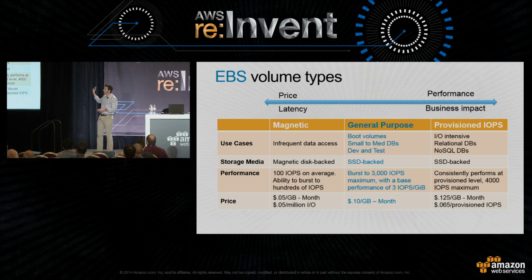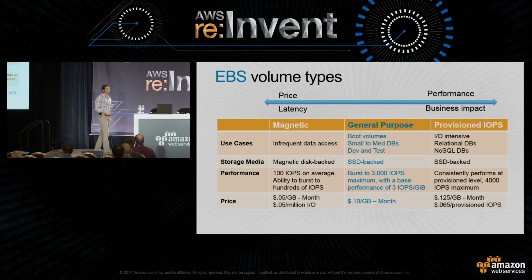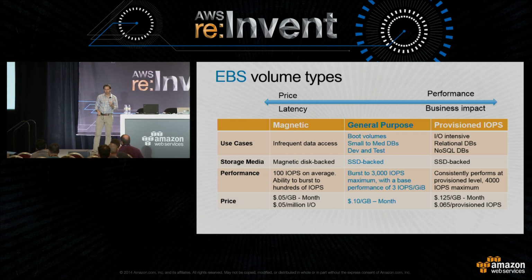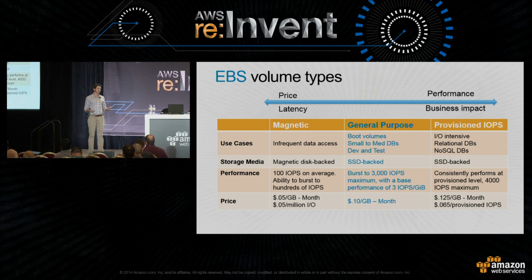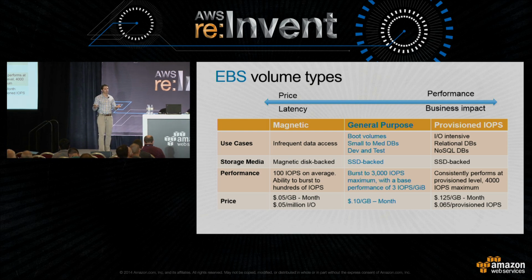On the opposite side of the spectrum, for very demanding, intense transactional workloads where I need to absolutely control the number of IOPS and the latency that I'm going to get from the volume, we have provisioned IOPS. Provisioned IOPS is based on SSD, on flash drives. It allows you to dial up the level of performance that you want.